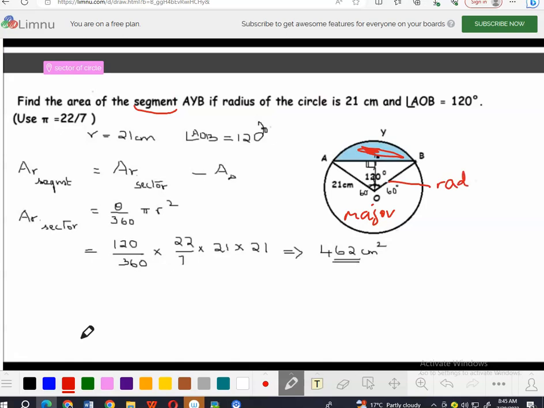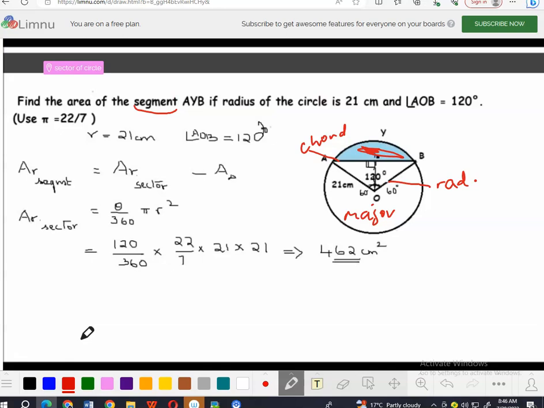You can see it is connected from O, that is AOP, which is forming a chord. This line here, we call a chord.